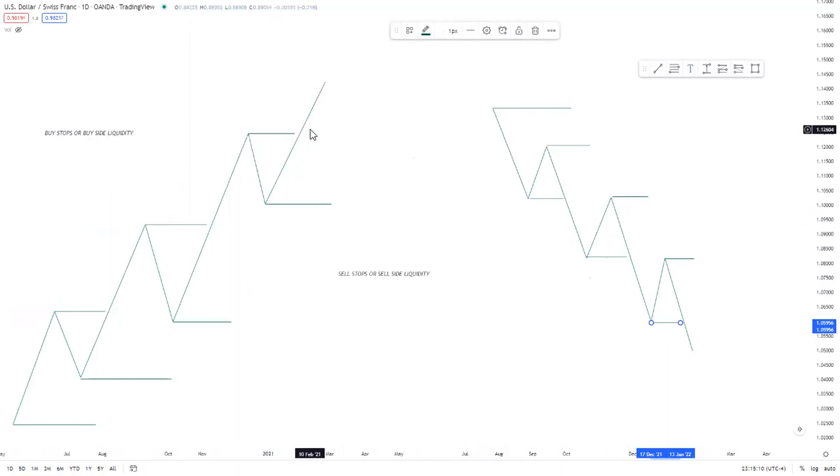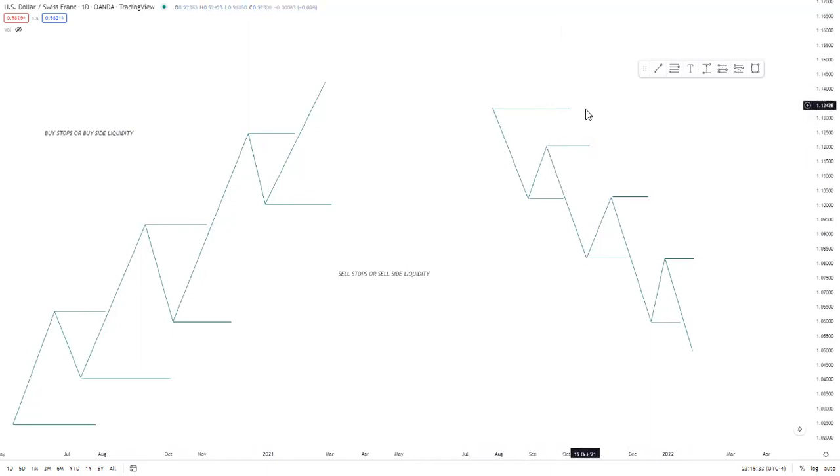So you can see on this bullish trend, the buy stops or the buy side liquidity keep getting kicked out. They are not protected, right? But here, each and every buy stop or buy side liquidity was protected. Price didn't get to take them out. Do you understand now? Which means they are protected.